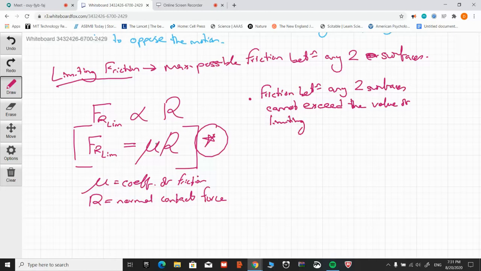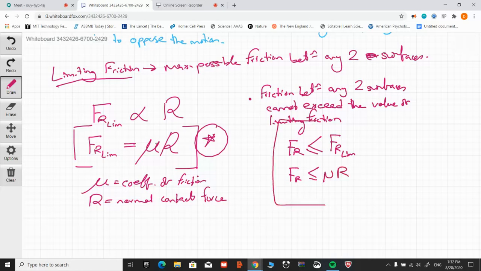It's pretty much the same thing: maximum, it cannot go beyond limiting friction. So we can make a mathematical inequality: in any situation, if you have friction, the friction is always less than or equal to the value of the limiting friction. Or in other words, friction is less than or equal to mu R. Keep this in mind depending on the situation.